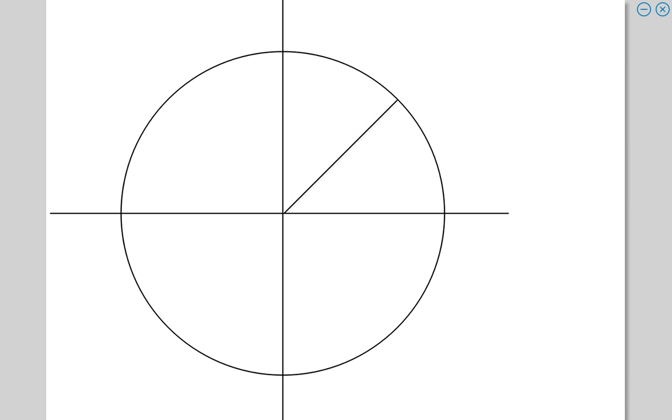And then you're going to go a little bit off that 45 in both directions. And you should get the 0, 30, 45, 60, and up at the top, 90.